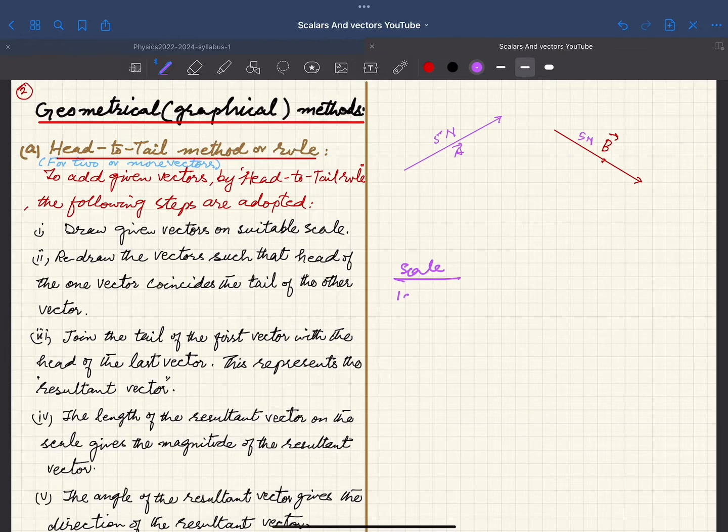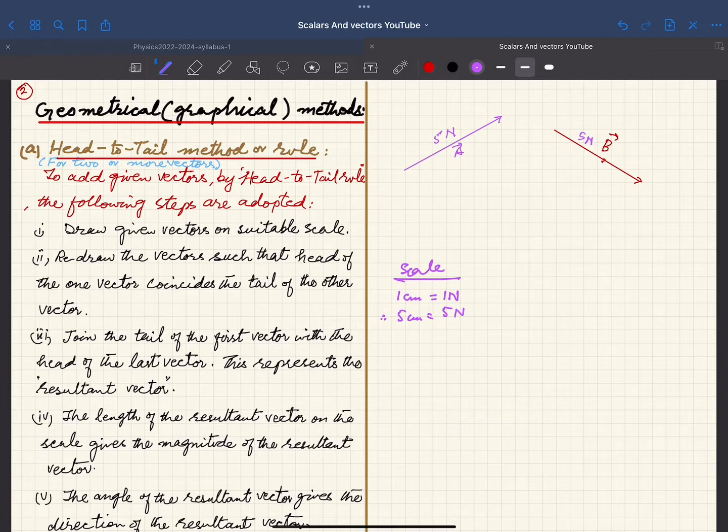Suppose we take the scale as 1 centimeter equal to 1 Newton. Then 5 centimeter will equal 5 Newton. So we have to draw a vector of 5 Newton, which means we take a 5 centimeter length for vector A, and in this simple situation we have taken the value of vector B as 5 Newton.